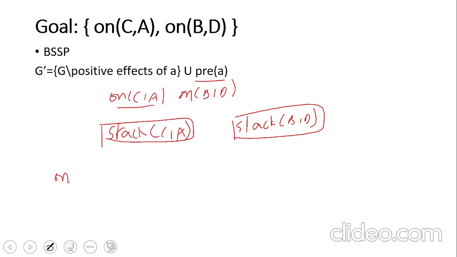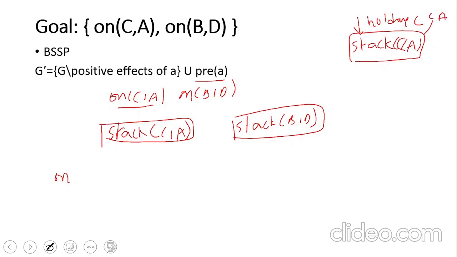The preconditions are holding C and clear A. The effects are arm empty, on CA, and not clear A.